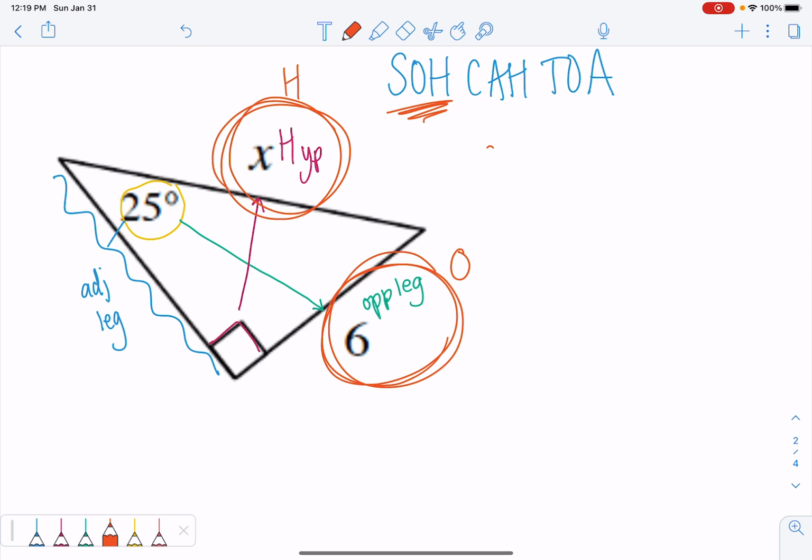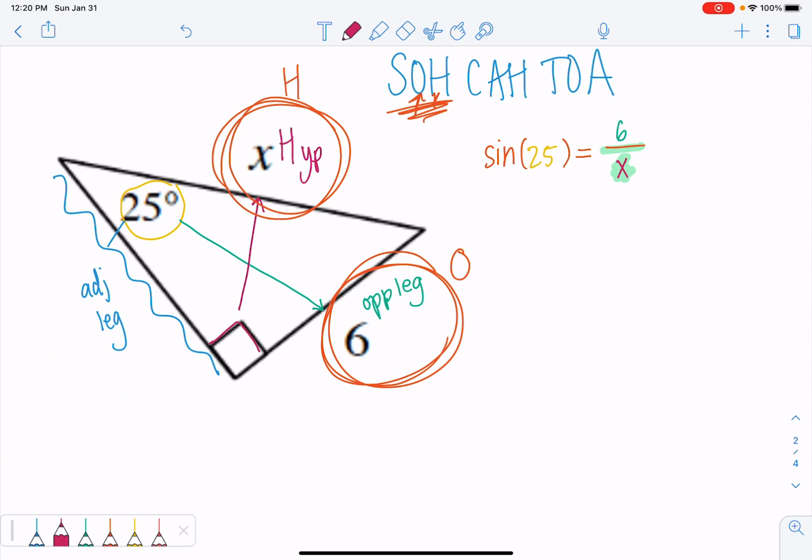So we'll use sine of our reference angle equals opposite comes first, 6 divided by our hypotenuse because it comes second. This one is similar algebra to the last example because we're dividing by x.